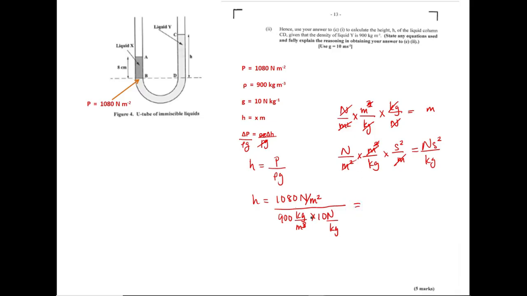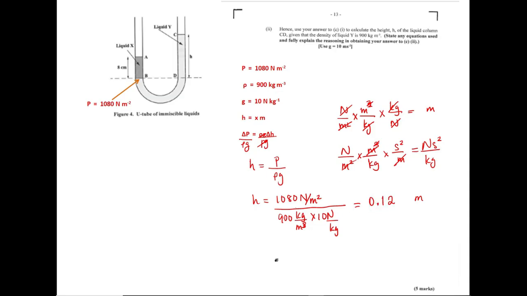So now that I know my answer would be meters, I go right ahead and start calculating. So 1080 divided by, open brackets, 900 times 10, close brackets, and I will get 0.12 meters. So that would be my answer right here, 0.12 meters.